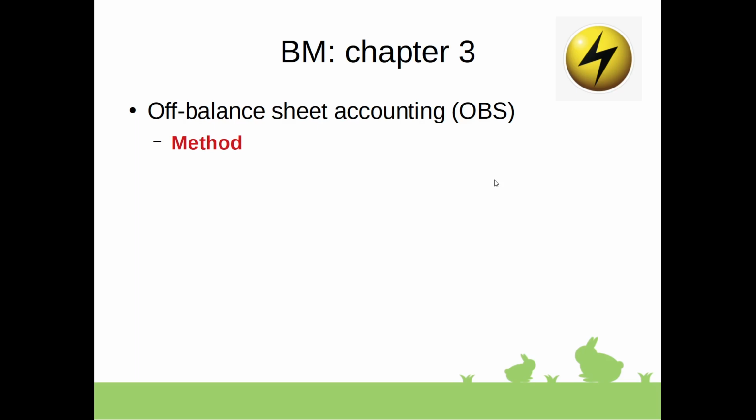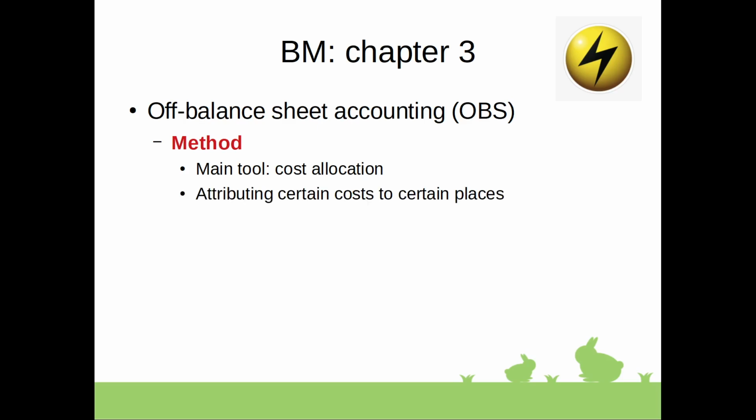So, very first on the menu is the method itself. This system will be the main tool when dealing with cost allocation. So what is cost allocation? Allocation means that you will attribute a certain cost to a certain entity, which we will call a cost center.